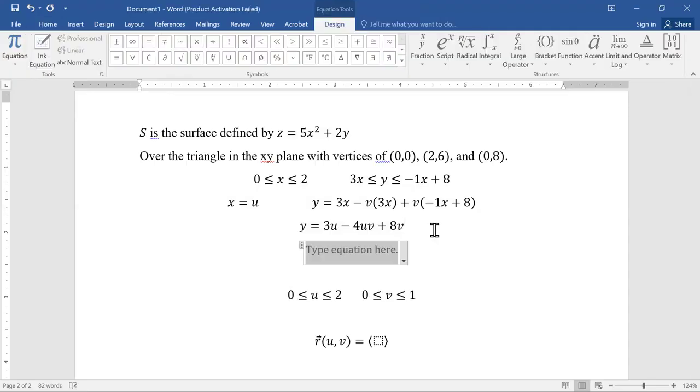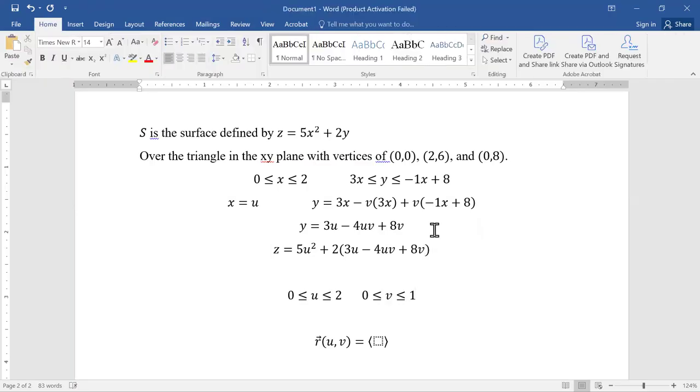I'll go ahead and do that right now. Z is going to be equal to 5 times u squared plus 2 times 3u minus 4uv plus 8v. We'll simplify that when I put it into my parameterization.